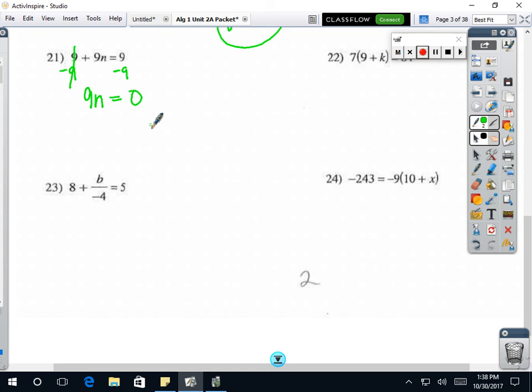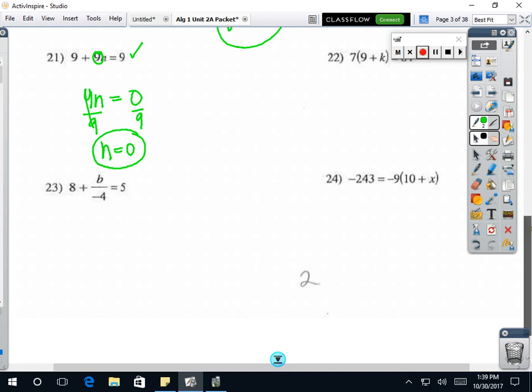Now to solve for n, what do we do? And so n equals 0. Okay, now I'm going to check it by plugging in 0 for the n. And when I do, 9 times 0 becomes 0, and 9 plus that 0 equals 9.